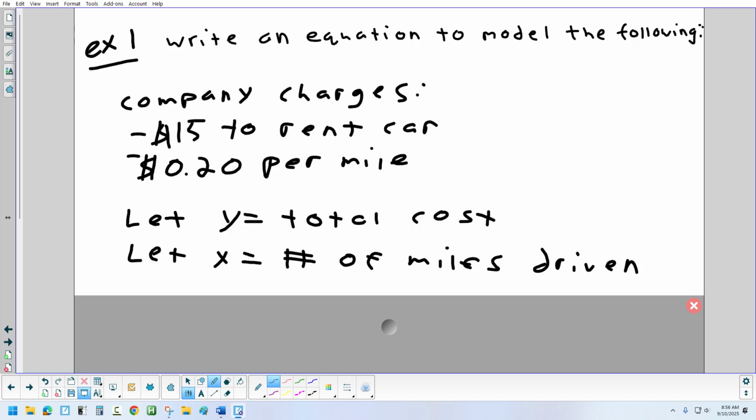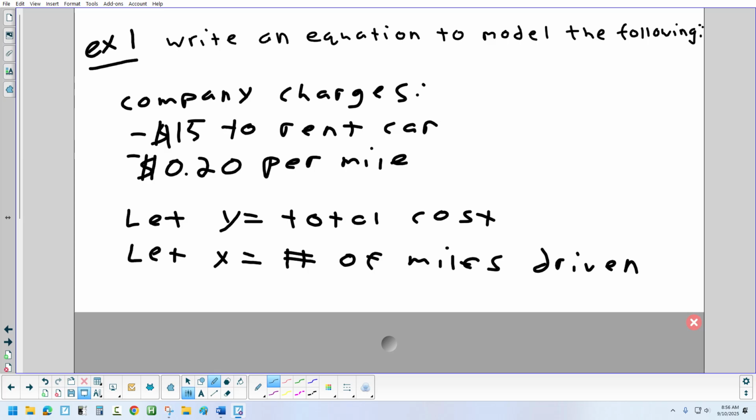Generally, the names that we use are X and Y. And when you use X and Y they have a very specific meaning. Okay? And we talk about it more in section 1.3. But X is called the independent variable.